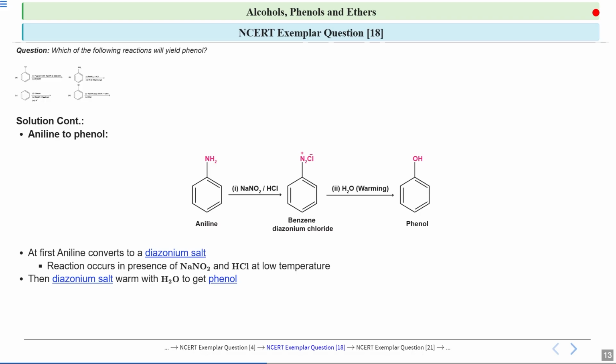Then the benzene diazonium chloride is warmed with H2O to get phenol. This occurs by a nucleophilic substitution pathway, where the diazonium group is substituted by OH, that is the hydroxide group. So finally you get phenol.